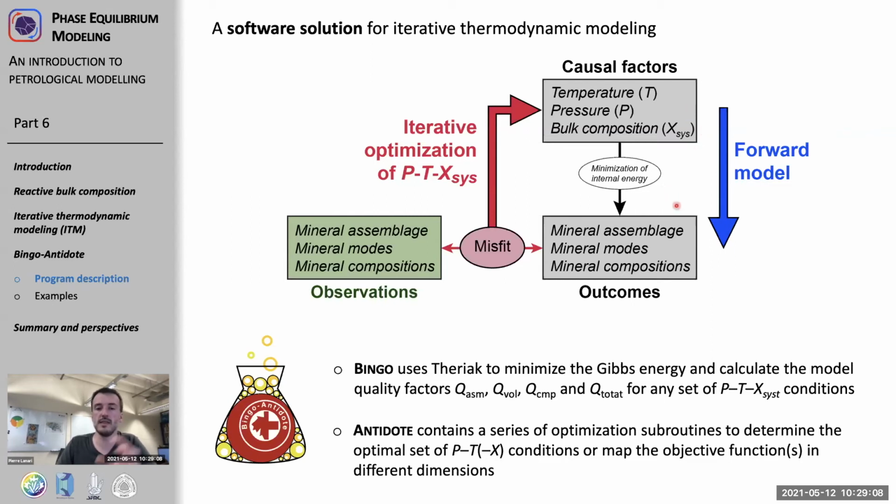And then in the algorithm, Bingo will compare the outcomes of the model with your observation, and it will evaluate the values of QASM, Q volume, and QCMP, as well as Q total. And then in Antidote, you have a series of optimization subroutines that can be used, for example, to determine the optimal pressure and temperature conditions. In this example, by trying to obtain a value of Q total that is as high as possible, ideally 100%.